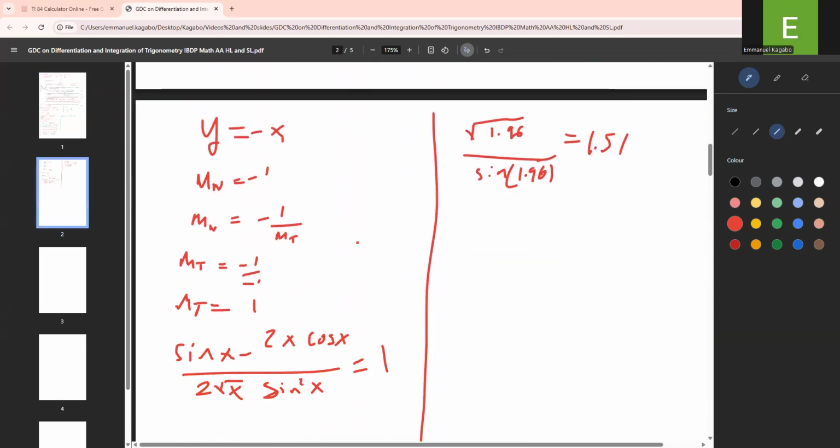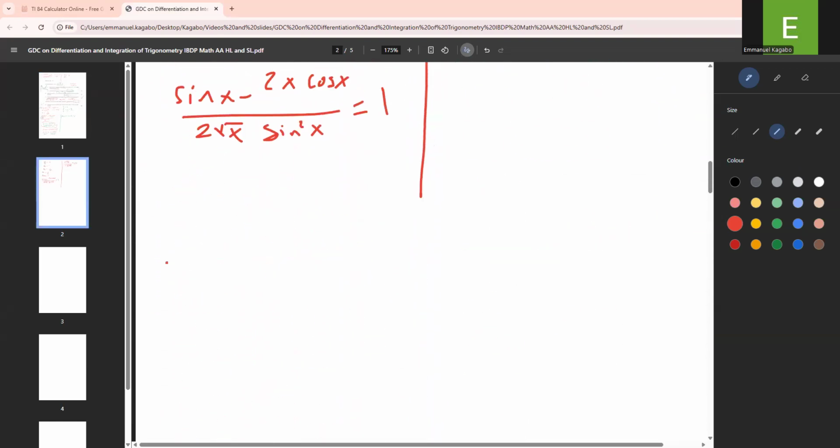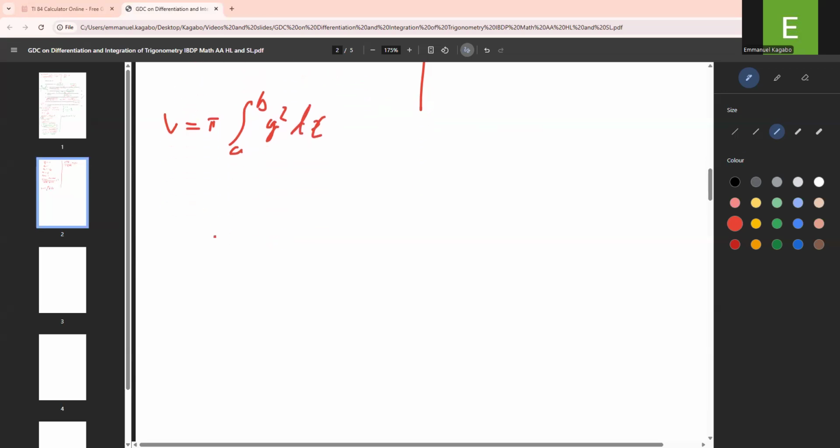That's the volume of a solid of revolution, and the volume of a solid of revolution about the x-axis is in the formula booklet. You can check that. Okay, because I want to try to write fast, but sorry. It is the integration from a to b of y squared dx.